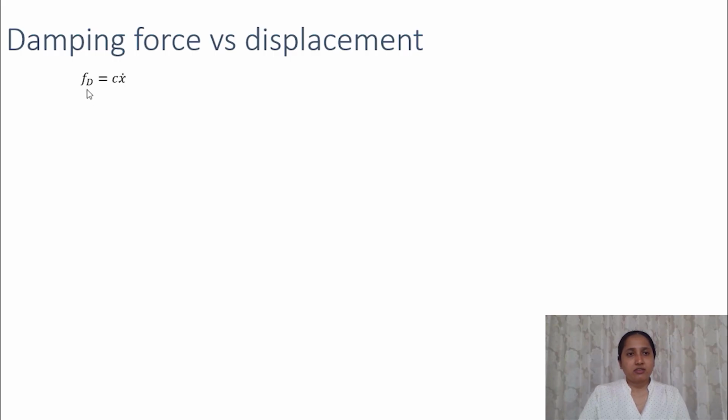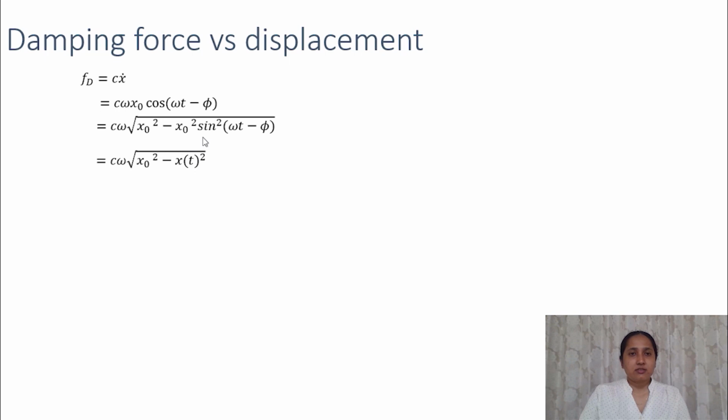So we know that the damping force is equal to C x dot, that is damping coefficient times velocity. So we can substitute the steady state velocity, and this cos function can be written in terms of sine function. So we can write this like this.